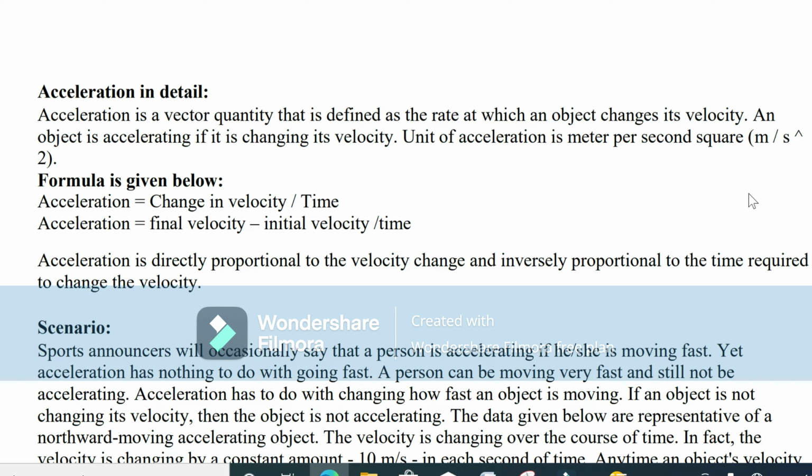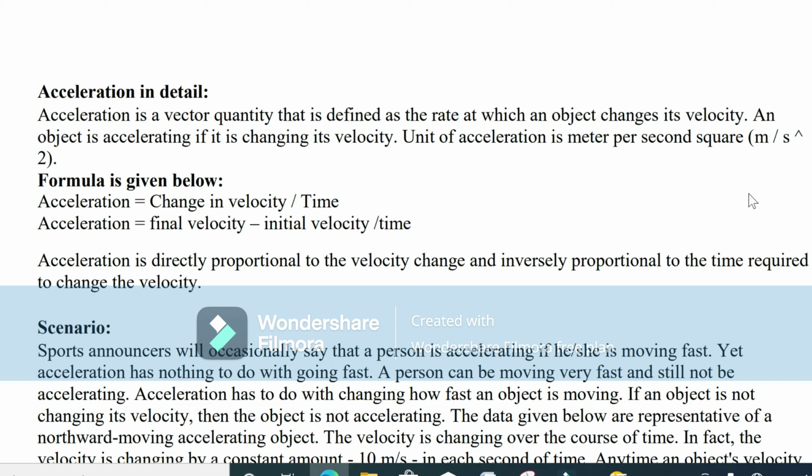Acceleration is a vector quantity that is defined as the rate at which an object changes its velocity. An object is accelerating if it is changing its velocity, and the unit of acceleration is meter per second square. So this is the measure of change in velocity.